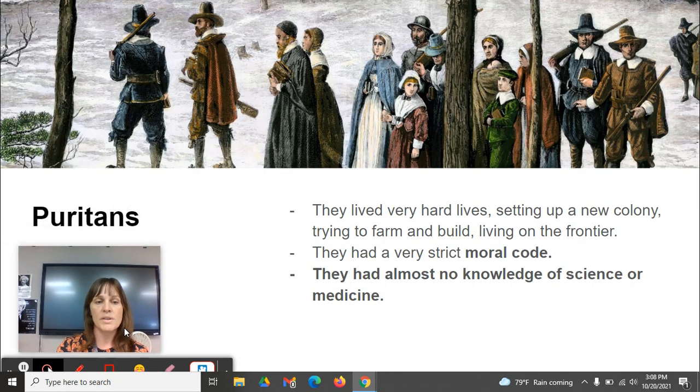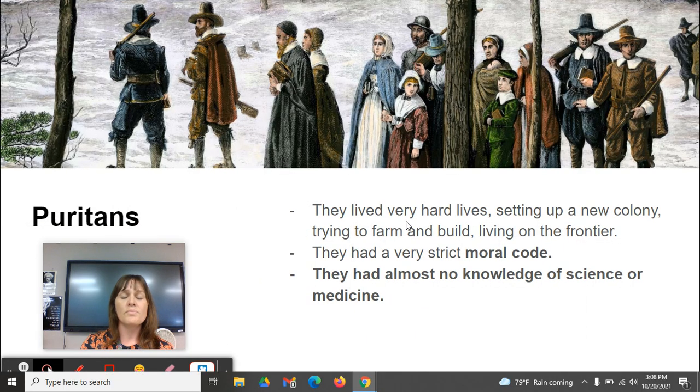Some other stuff about the Puritans: they lived very, very hard lives. When they were setting up this new colony, they were trying to farm and build and live on the frontier. And these people had not really ever lived that way before. So they came, and a lot of people died. They weren't used to the cold winters.